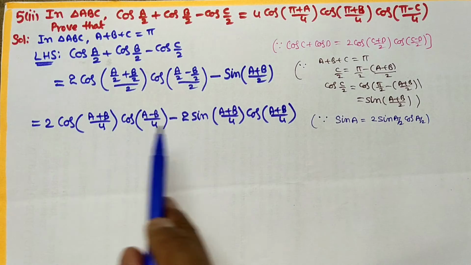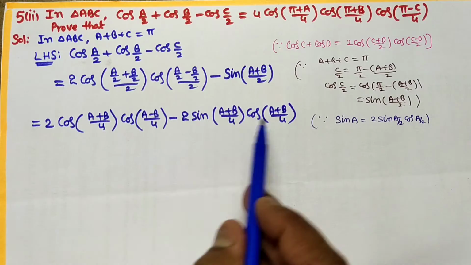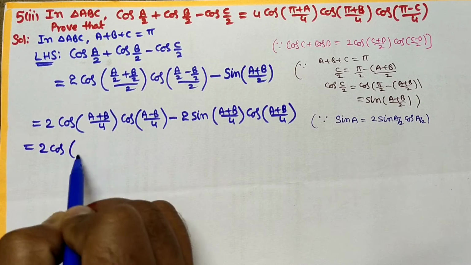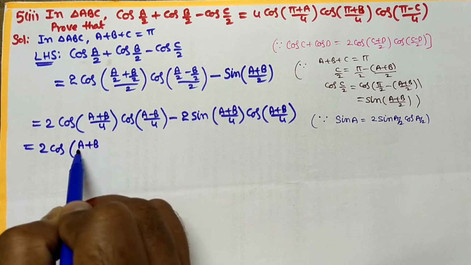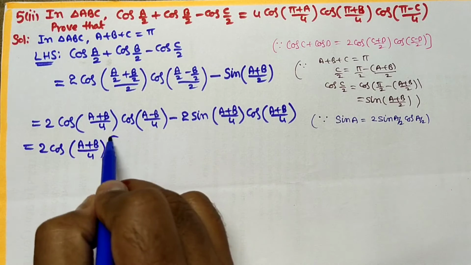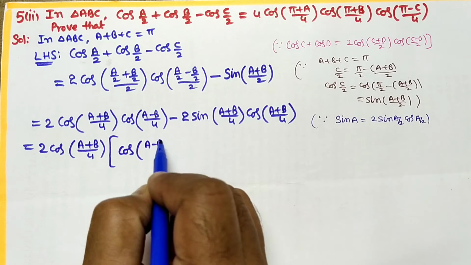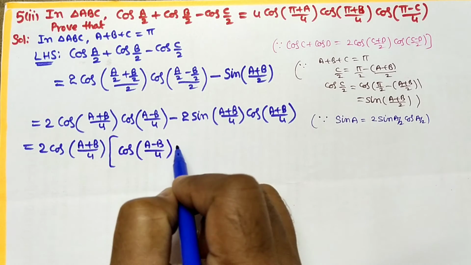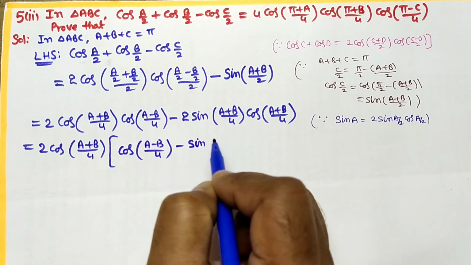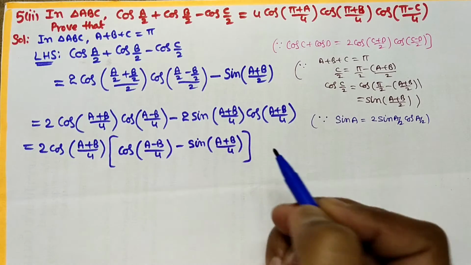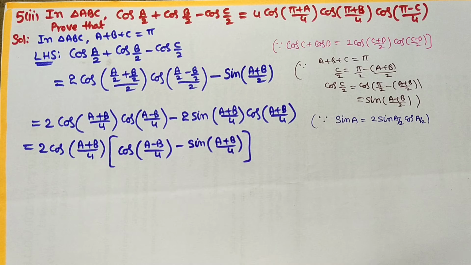Now from these two terms, I am taking 2 cos of (a plus b) by 4 common. So 2 into cos of (a plus b) by 4, if you take it out common, the remaining is cos of (a minus b) by 4 minus sine of (a plus b) by 4. So sine has to be written in terms of cos.